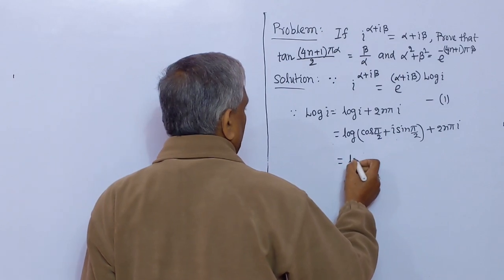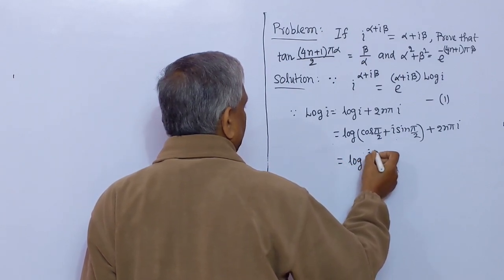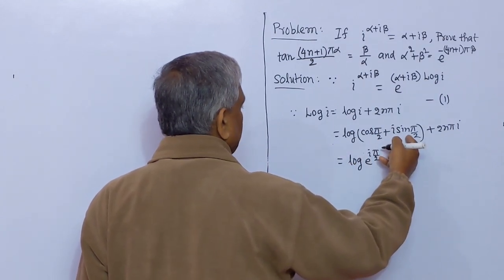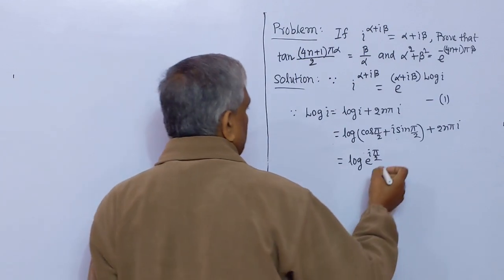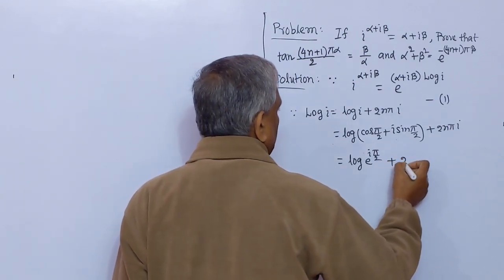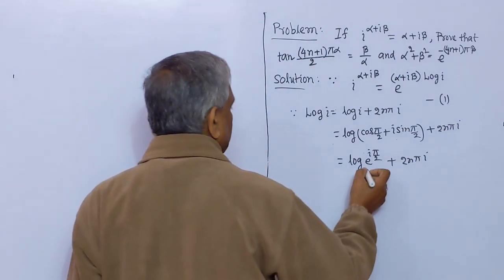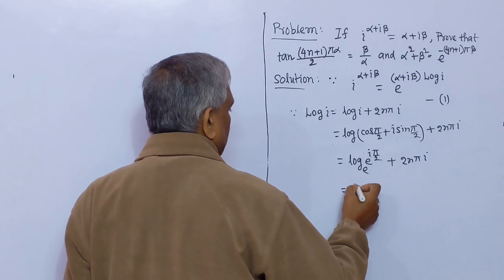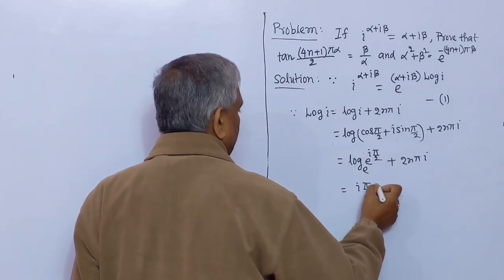This is equal to log e^(iπ/2) plus 2nπi, since cos θ + i sin θ = e^(iθ), we know. Here the base is e, so this is equal to iπ/2 multiplied by log_e e, plus 2nπi.